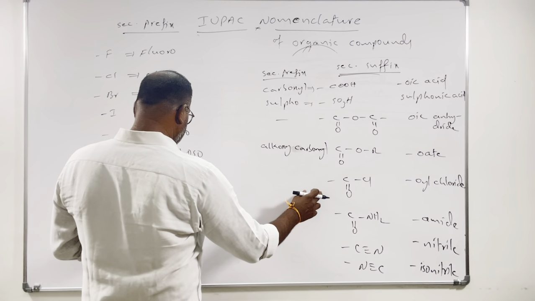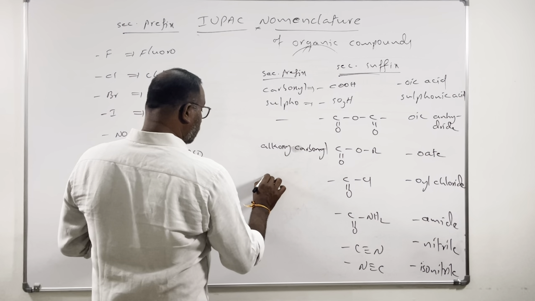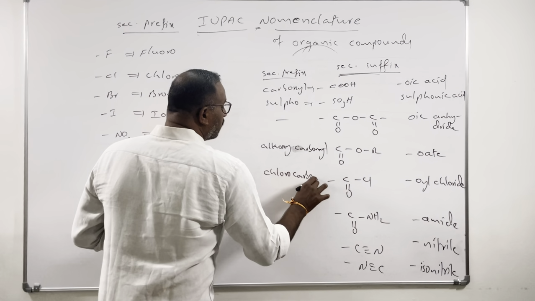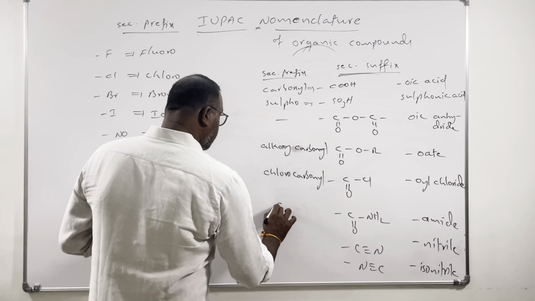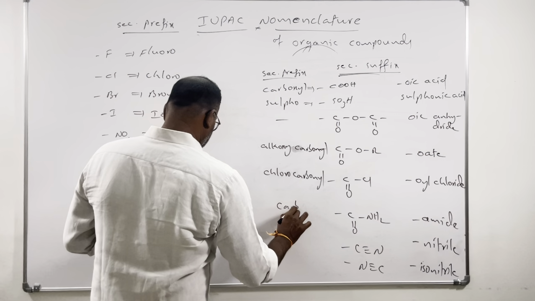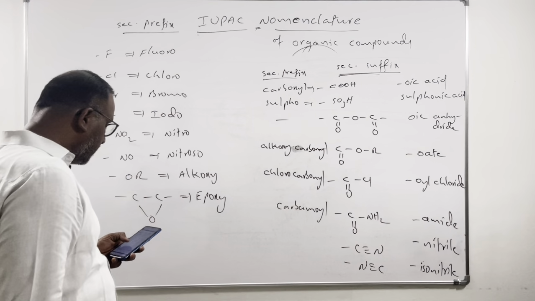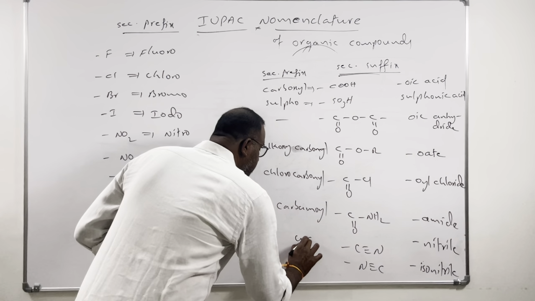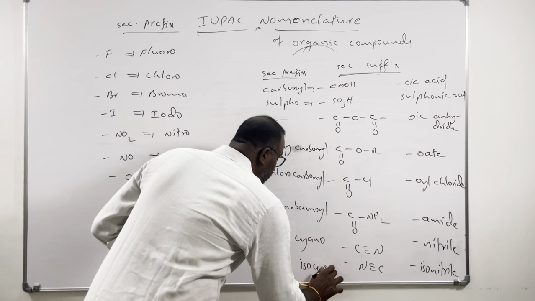And in this case, we say chlorocarbonyl. And for this, we say carbamoyl. Carbamoyl for amide. And for cyanide, cyano. And for this, isocyano.